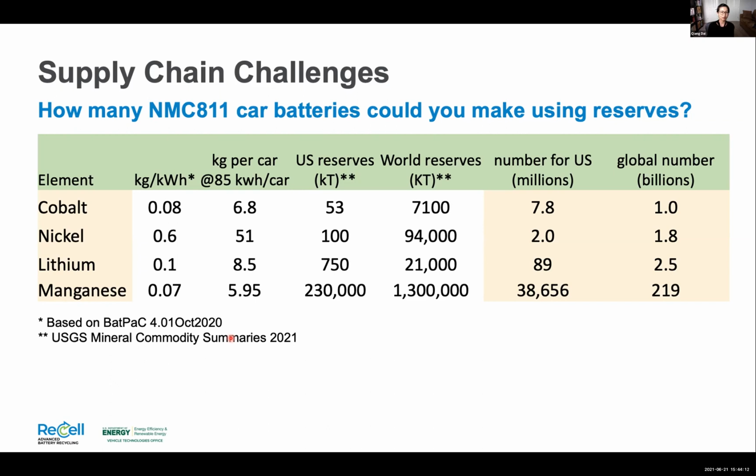And even if we look at the global scale and exhaust all of the identified cobalt, nickel, and lithium for lithium-ion battery production, we will not have enough materials. So again, we hope battery recycling or a circular economy can help us solve this problem.